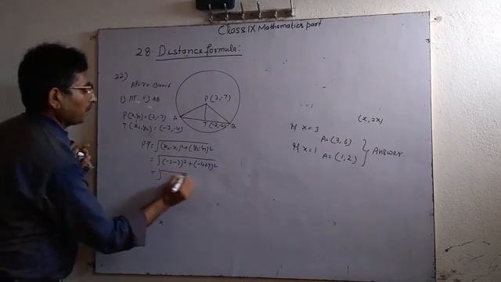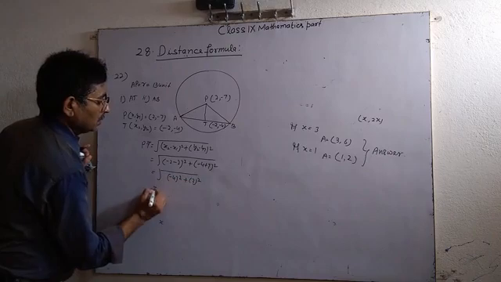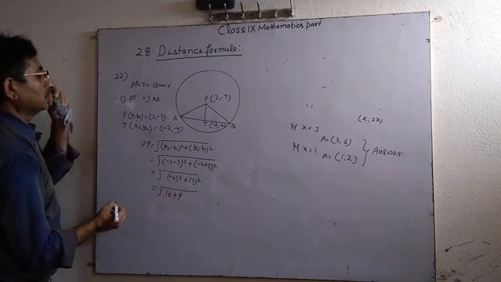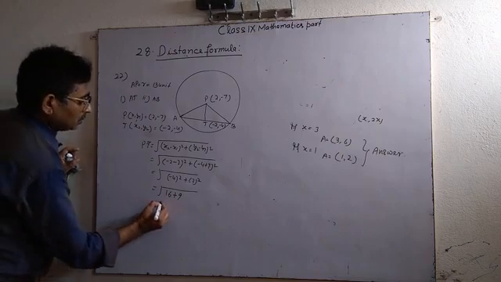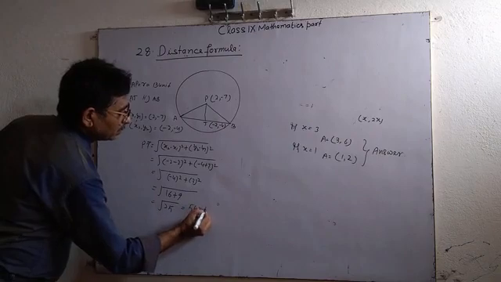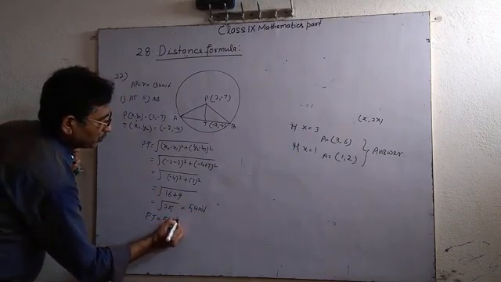This is minus 4 whole square plus 3 whole square, which is 16 plus 9, root 25, which is 5 units. Means PT equals 5 units.